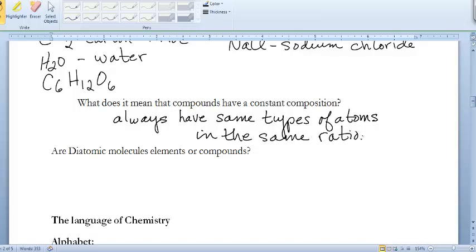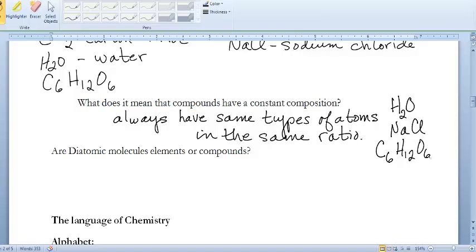So, when I think about water, water is always made up of 2 hydrogens and 1 oxygen. Sodium chloride, 1 sodium, 1 chlorine, and glucose is 6 carbons, 12 hydrogens, and 6 oxygens. This is what constant composition means.